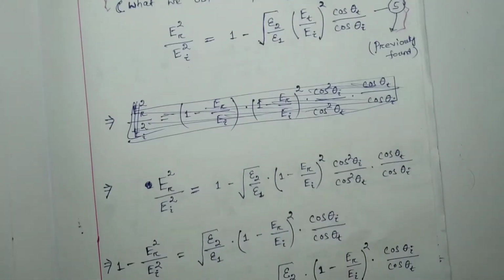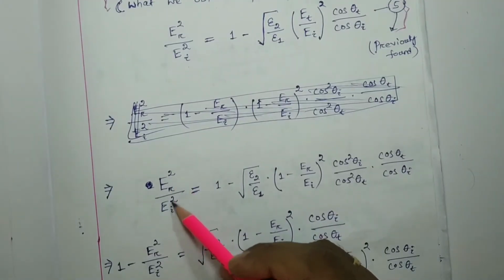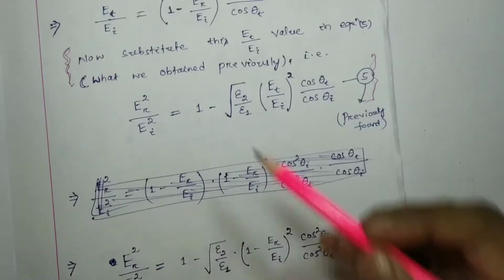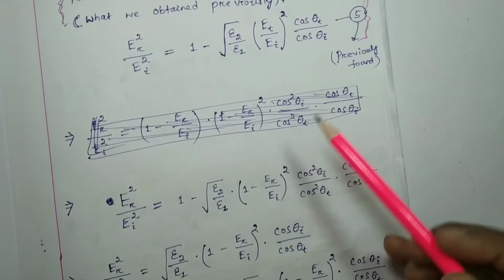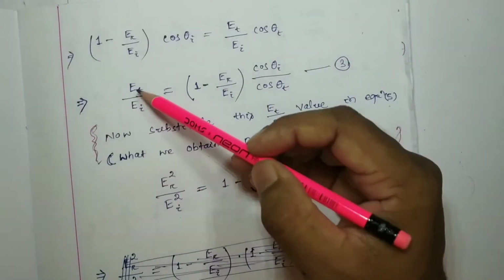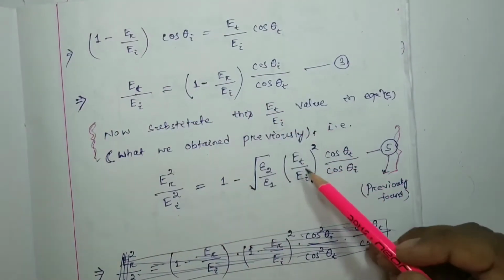Now Er square by Ei square equals 1 minus epsilon 2 by epsilon 1 whole root, into 1 minus Et by Ei square.